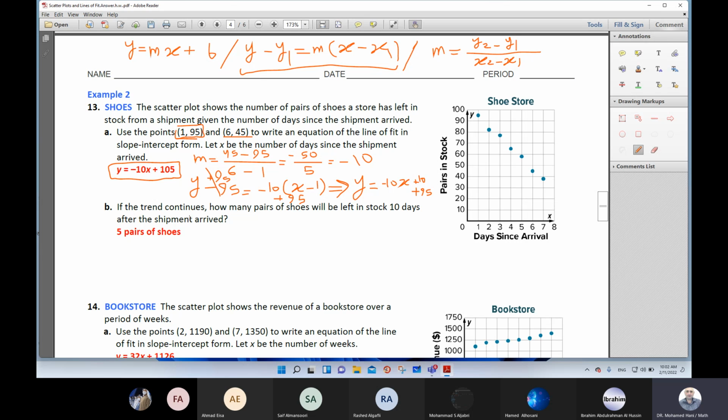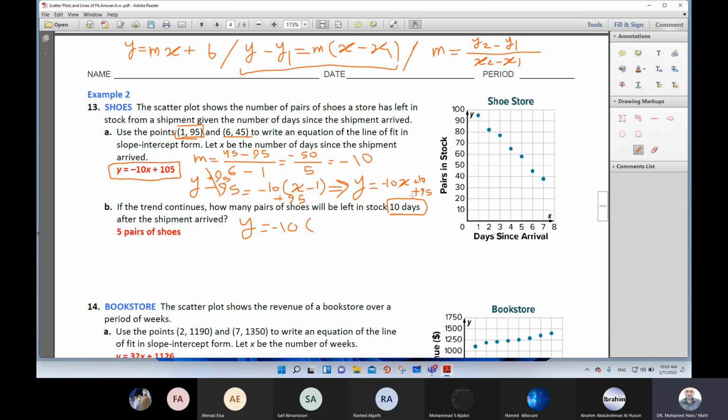If the trend continues, show how many pairs of shoes will be left in stock 10 days after the shipment arrived. Go back to the same equation, y equal negative 10 times x. Put the value of x, 10 days.